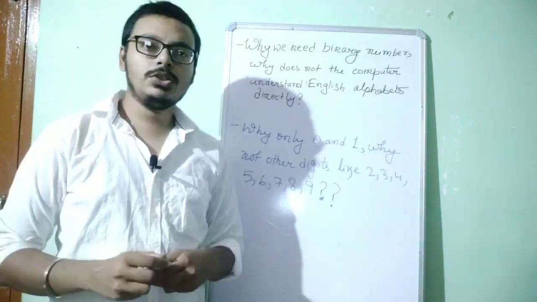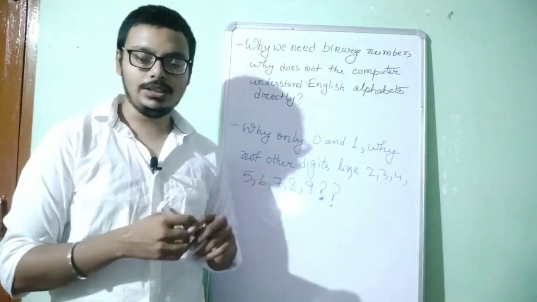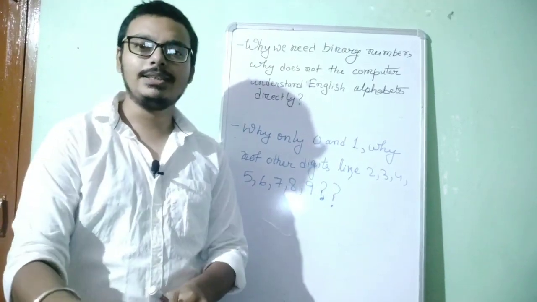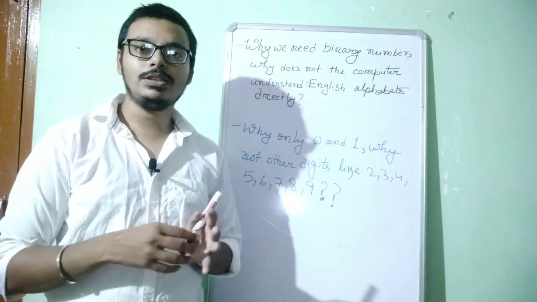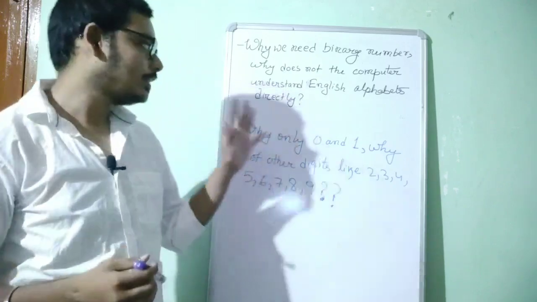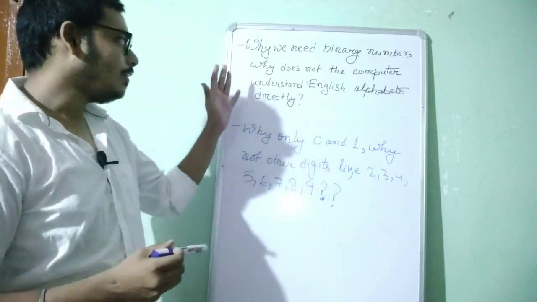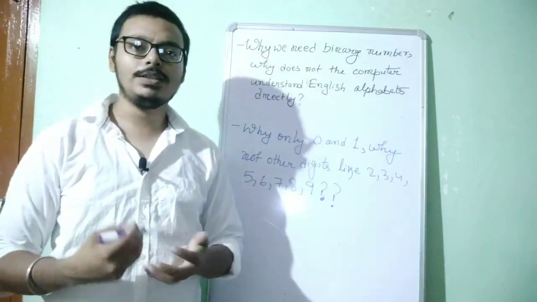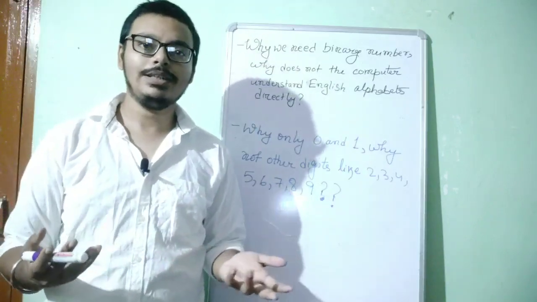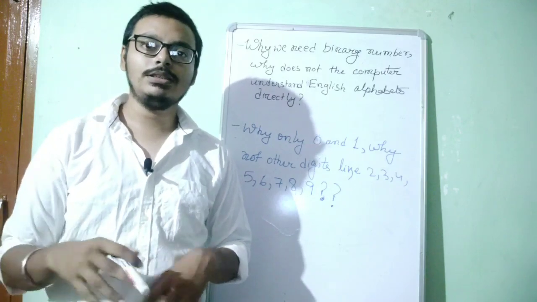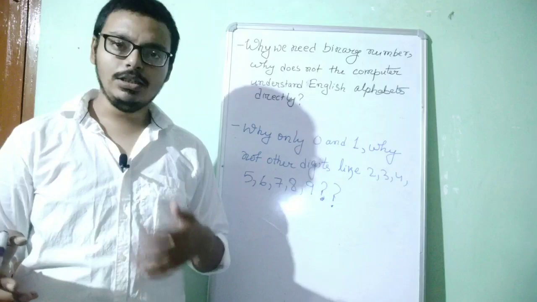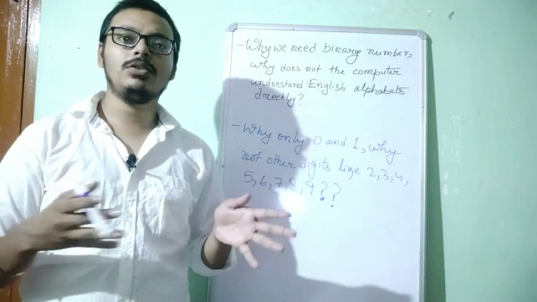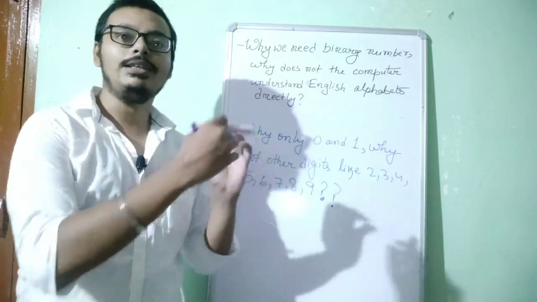Alright, so after all these explanations about bits, bytes, and binary numbers, there must be questions in your head. These two questions must be there: why do we use binary numbers, why doesn't the computer directly understand the English language? Since our keyboard has the English language, that is ABCD, so why doesn't the computer understand those ABCD directly, that A is A?